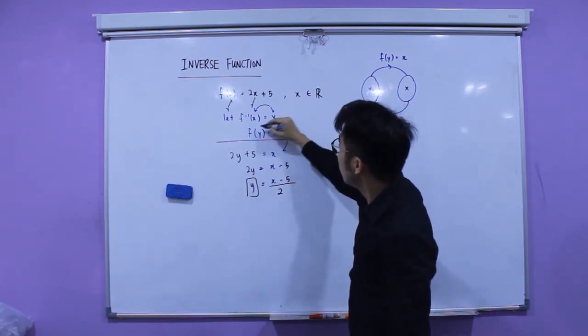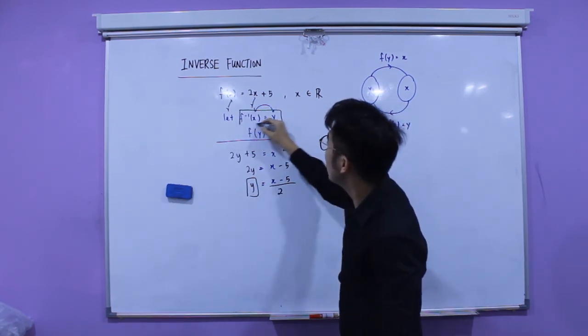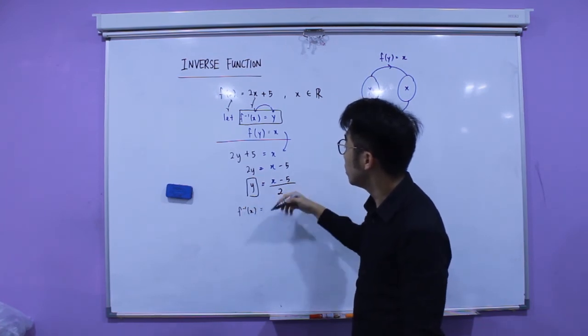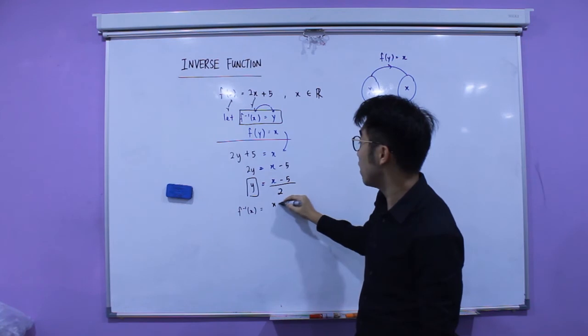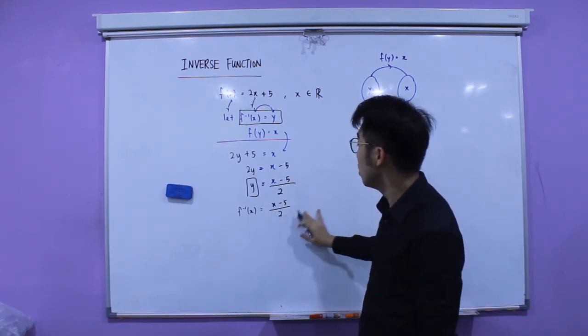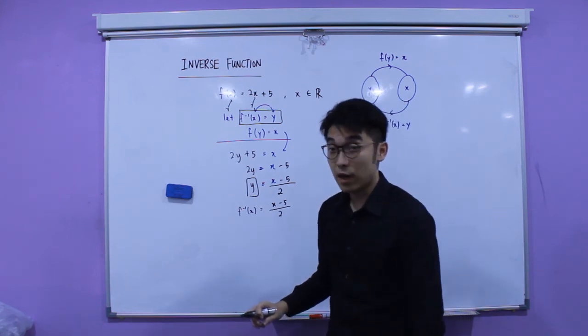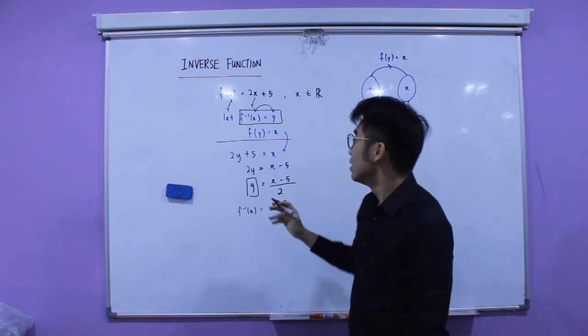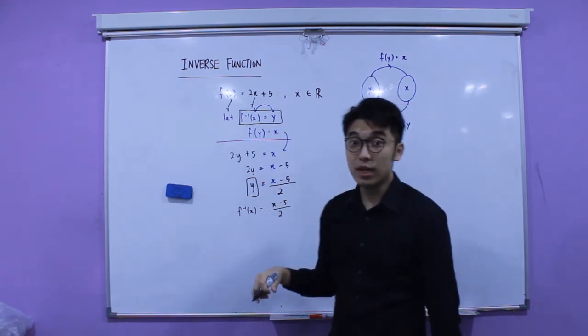We already made an assumption that y equals the inverse function of f. So now that we know y is the inverse function of f, we could easily substitute it in, and this is what we call the inverse function of f from this very equation. So this is how you do the inverse function.